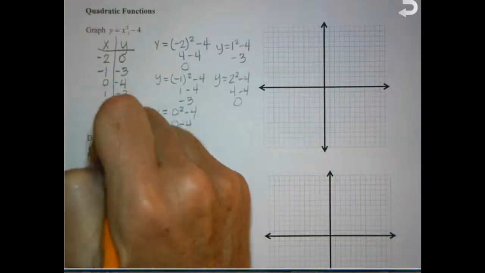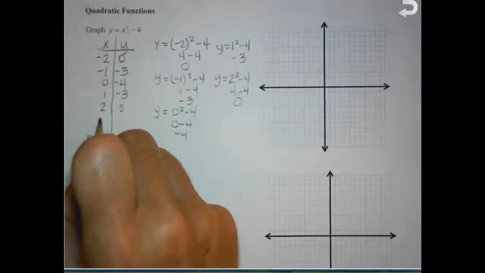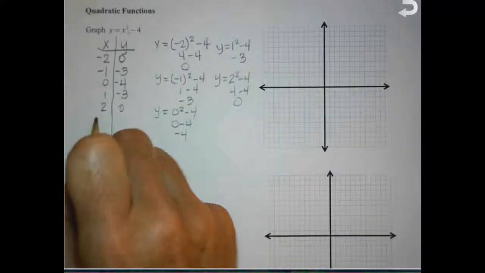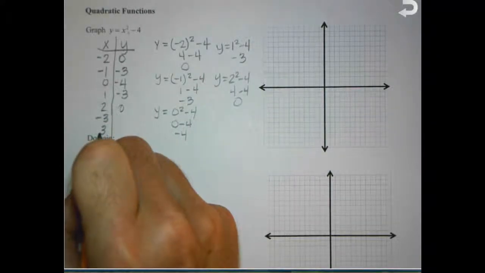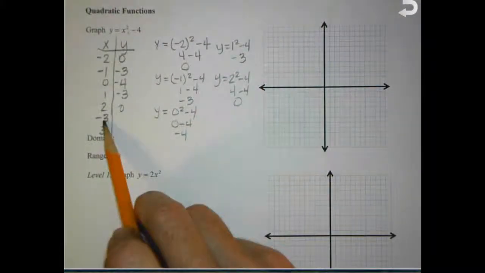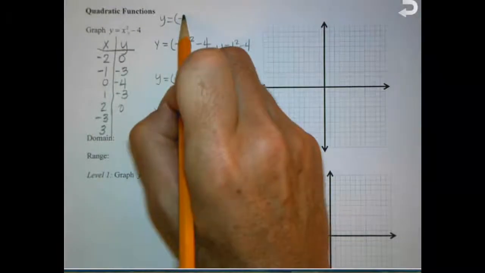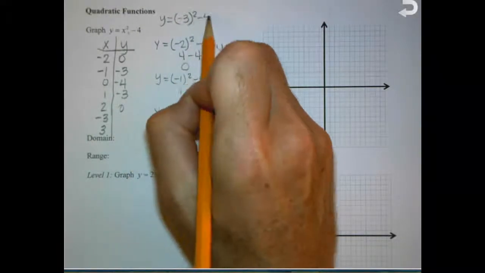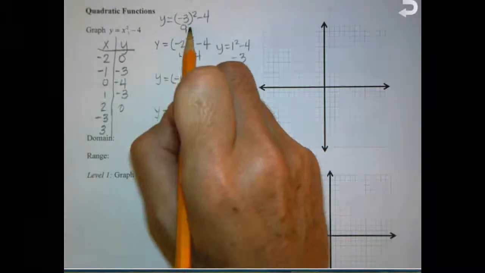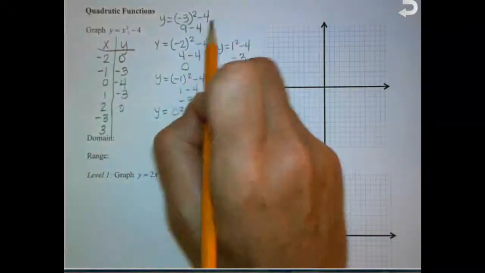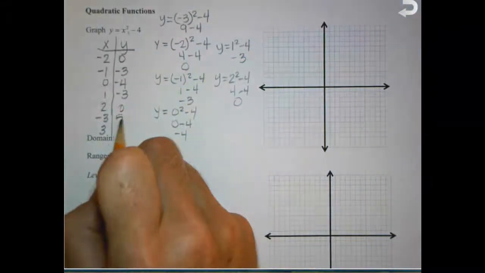Also, I want to try 2 more values because I don't think we're going to see enough of the shape, so I'll do a negative 3 and a positive 3. If I put a negative 3 in, negative 3 quantity squared minus 4, that'll give me 9 minus 4, which is going to give me a 5.